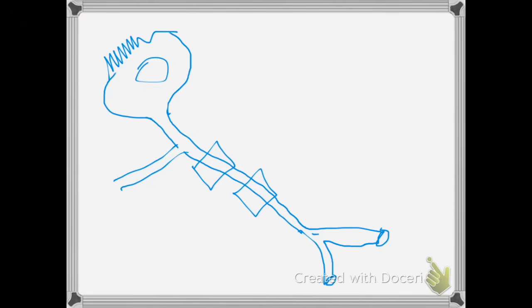So we just finished up those different divisions of the nervous system, and now we want to look at these neurons, these functional units, these functional cells that are going to be carrying our nervous impulses through those different divisions of the nervous system. Okay, so this is a neuron.